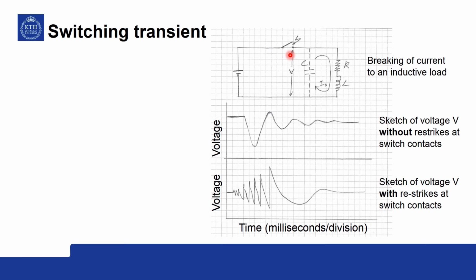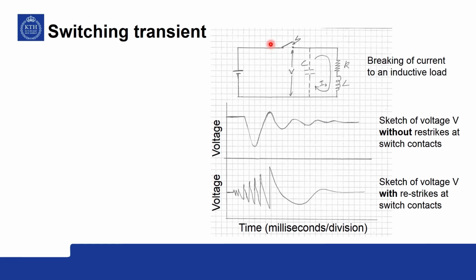So, you can have switching with arcing and without arcing, and with arcing it will have a more severe noise, EMI issue. For example, the sketch of a voltage without restrikes. Restrikes is the name for this arcing at switch contacts.